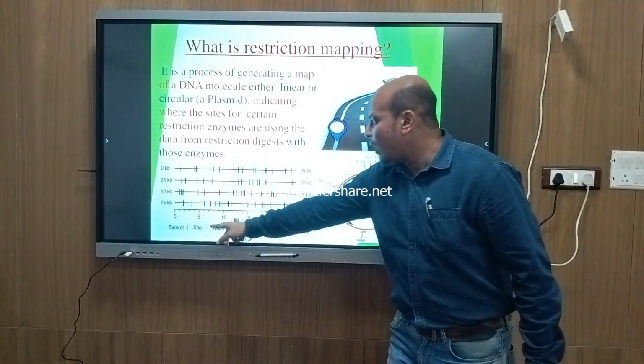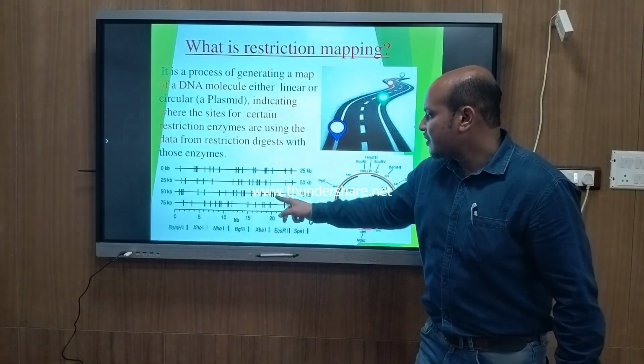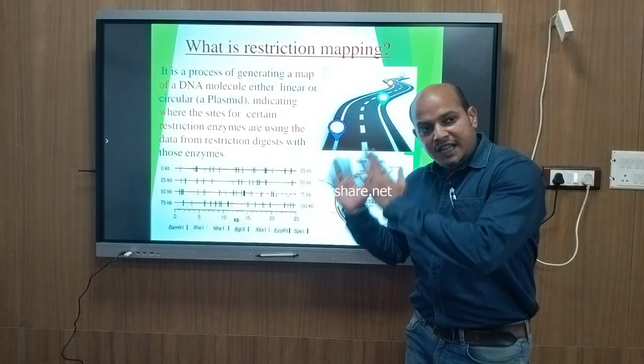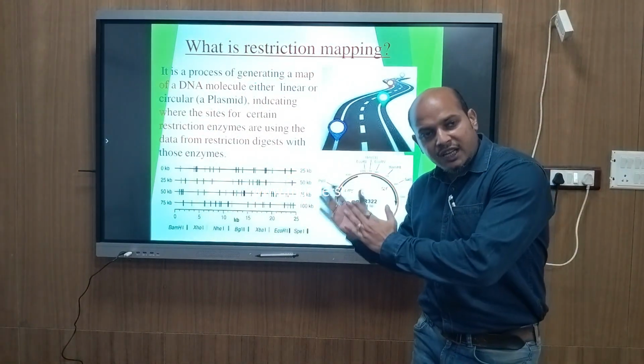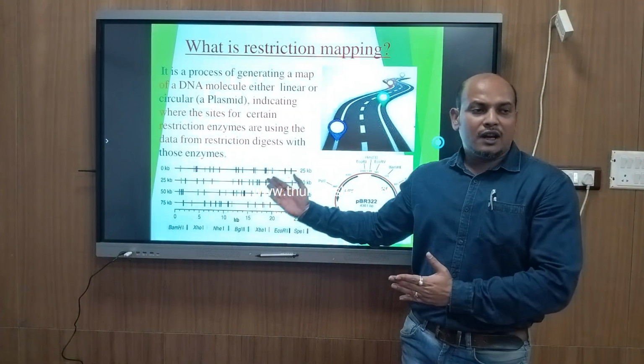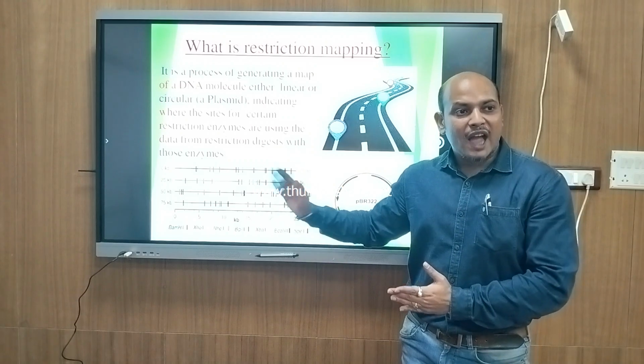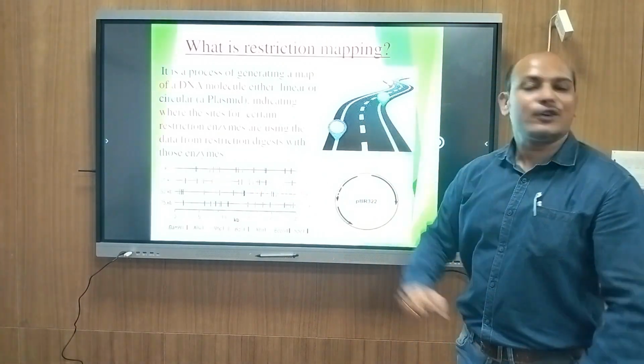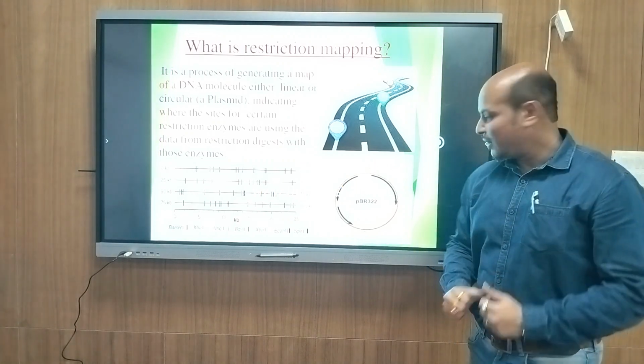Similarly, that of EcoRI we can see it is appearing over here and then here like this. So, the positioning in the DNA of the restriction sites of the different enzymes actually works to locate different positions of the DNA. So this is the essence of our topic today, that is restriction mapping of DNA.